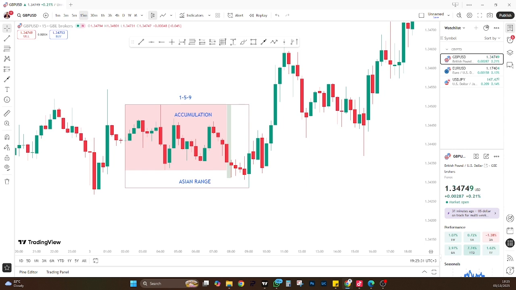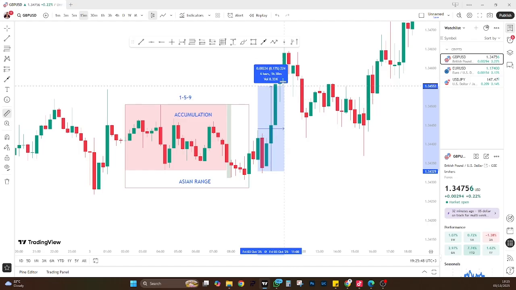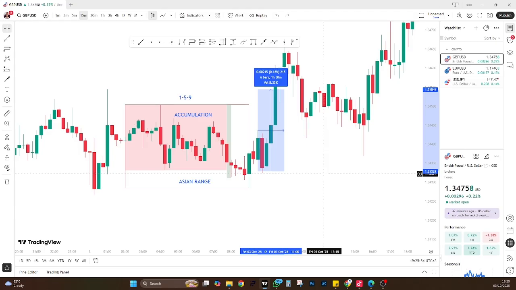Let me see whether there's someone who has a question here. Let me show you, because I took it here when it came back, and I targeted this swing high here. So I got 21 pips.